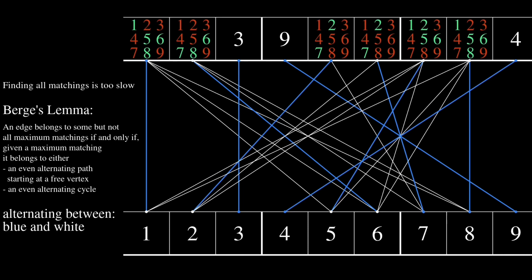So we already have a maximum matching here in blue, so maybe we can find an even alternating path starting at a free vertex, but that can't be the case here because we don't have a free vertex. A free vertex would basically happen if the 0 could also be possible, and we only have 9 cells in a normal Sudoku, but can fill the numbers from 0 to 9.